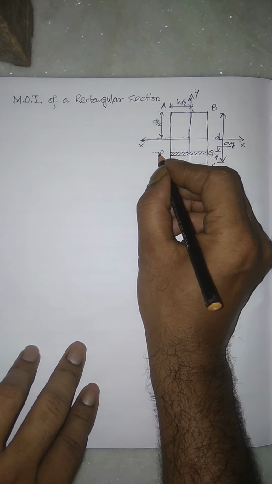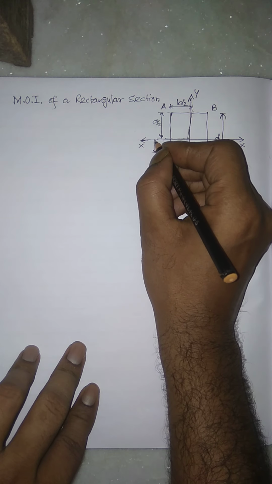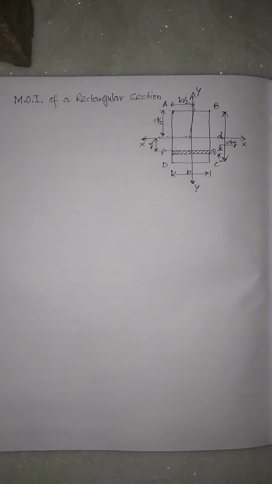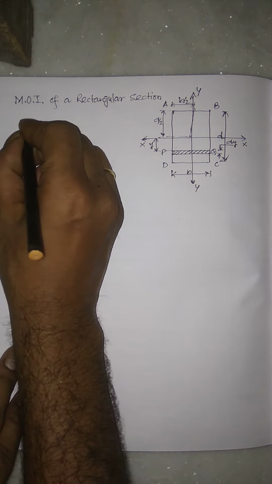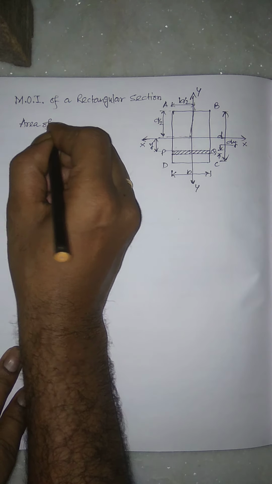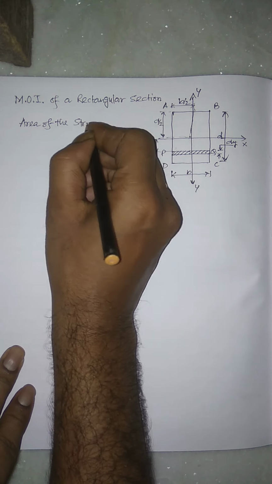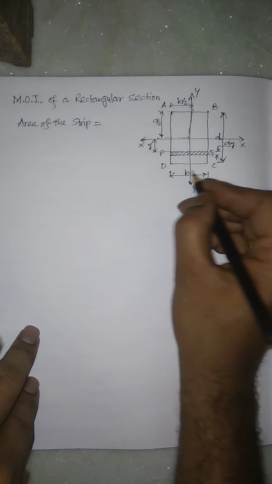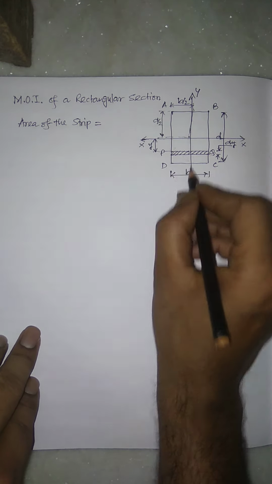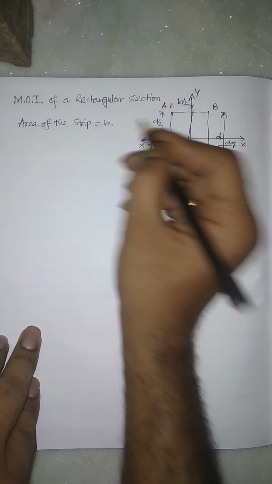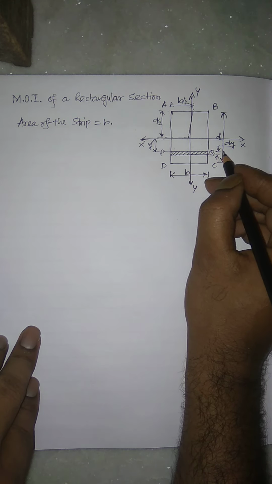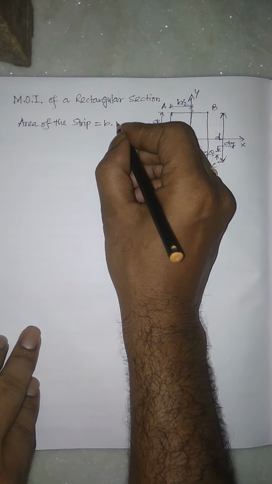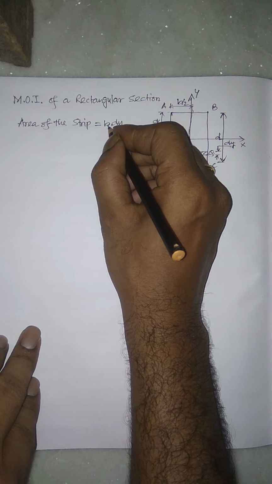This is the distance y. The area of the strip is width into thickness. The strip has the width B and thickness dy, so the area should be B into dy.